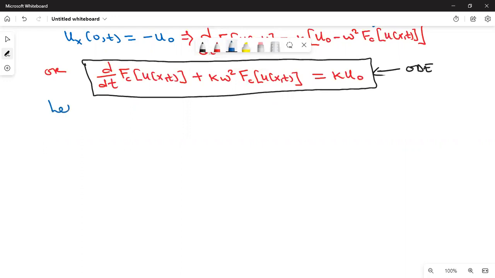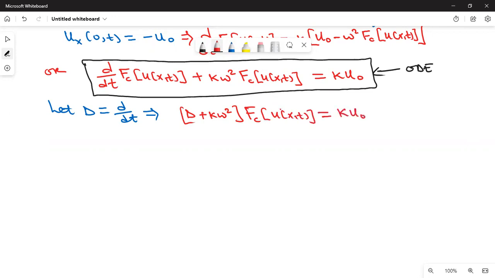So I'm going to say let D be the derivative with respect to t. So this means that our equation can now be written as D plus k omega squared operating on the Fourier cosine transform of u of x,t should give us k u naught.